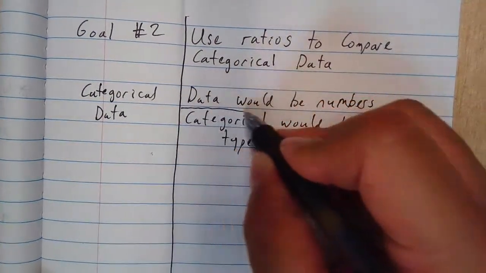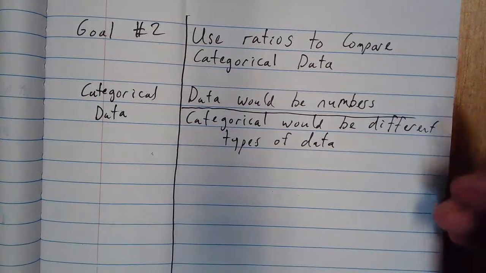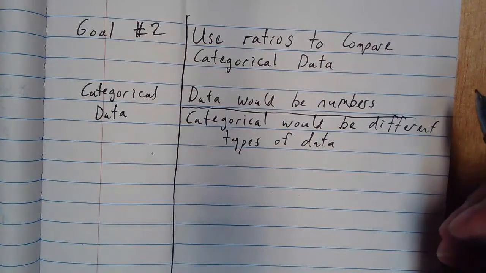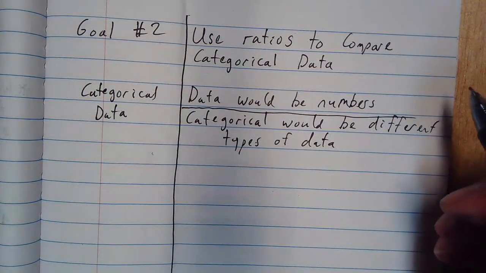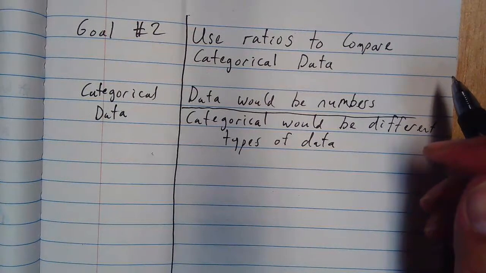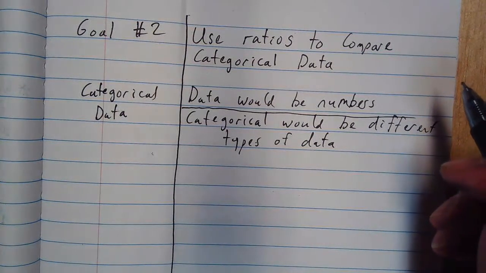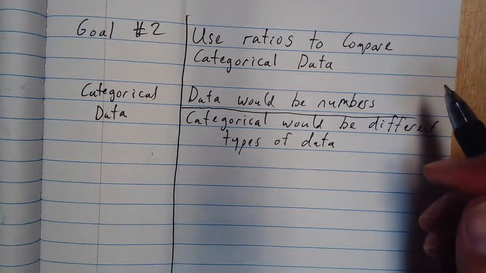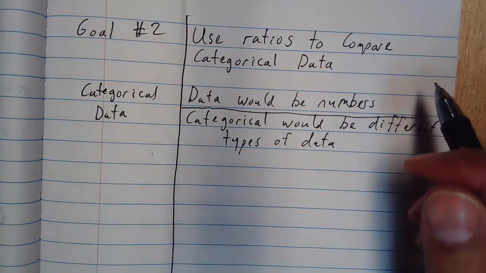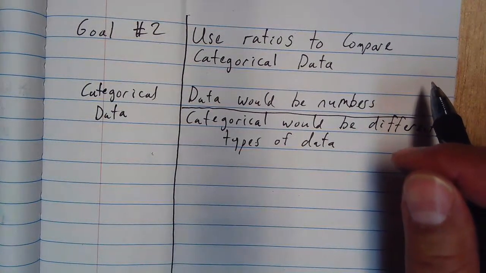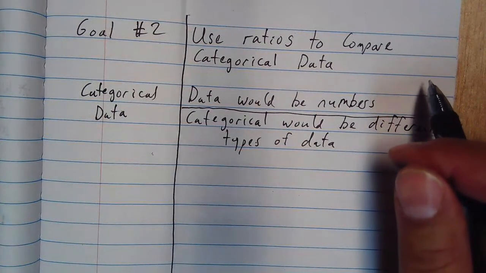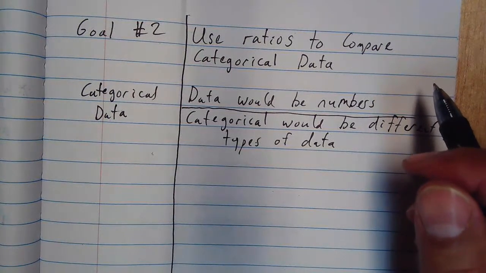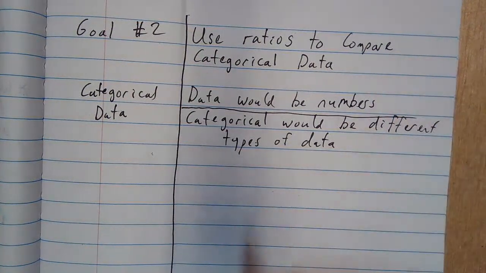But remember when we talked about the Feynman technique, the goal is to make things simple so you can explain it to somebody else. So categorical data, again, how many people like gum? But let's break it down by flavors, right? The category would be flavors of gum. Mint, spearmint, I like mint, that's all I eat really. Fruit, chili gum? I don't know if that's a thing, but either way.